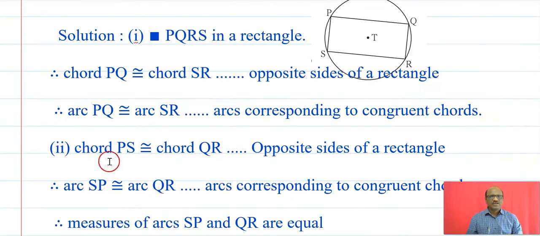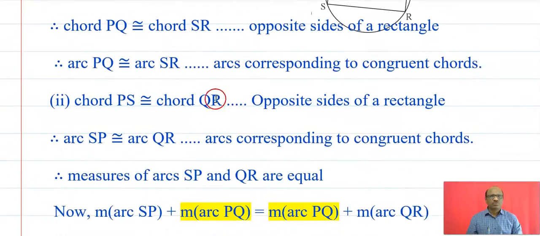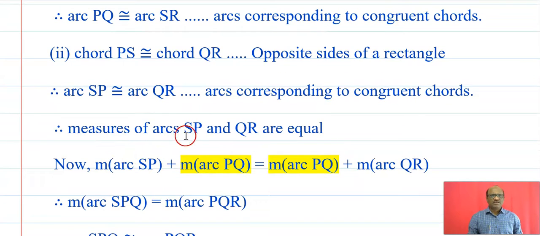Next, chord PS is congruent to chord QR. These are opposite sides of a rectangle, and that's why arc SP is congruent to arc QR. Therefore, the measure of arc SP and the measure of arc QR are equal.